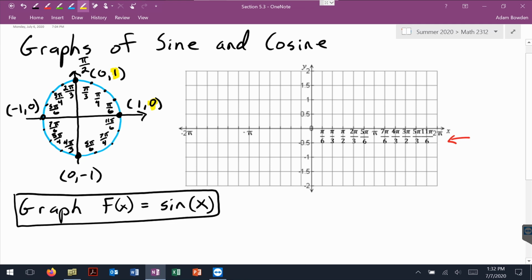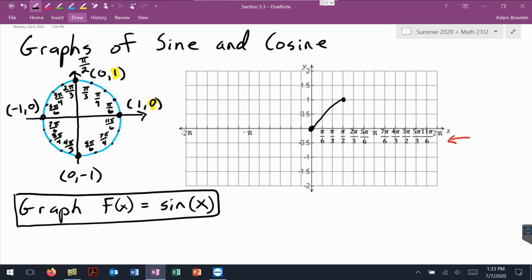So following with the unit circle, the value of sine starts down at 0, and then it's going to work its way up to 1 once we get up to pi over 2. So as we go through the values for pi over 6, pi over 4, pi over 3, the values are going to slowly grow up till it gets up to 1.